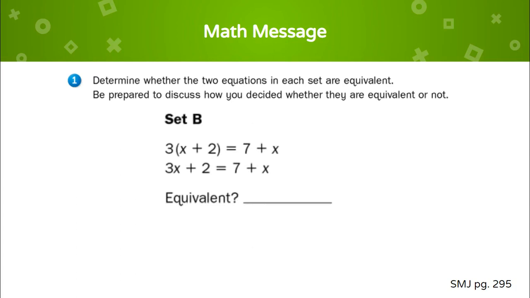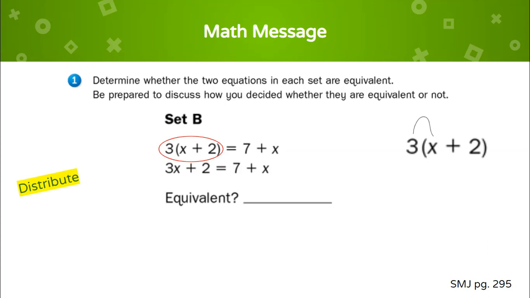Set B says 3 times the quantity x plus 2 equals 7 plus x. Or the other equation is 3x plus 2 equals 7 plus x. I notice there is one slight difference, and it's these parentheses here. And that's the clue. The parentheses tell us we need to distribute. So let's do a little work at the side. So we have 3 distributed to the x.